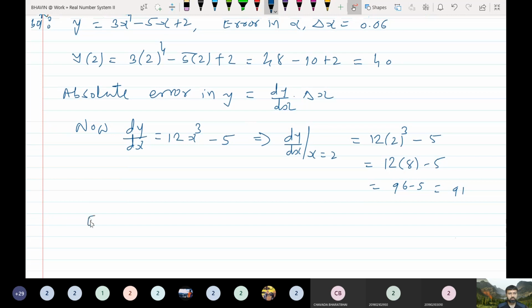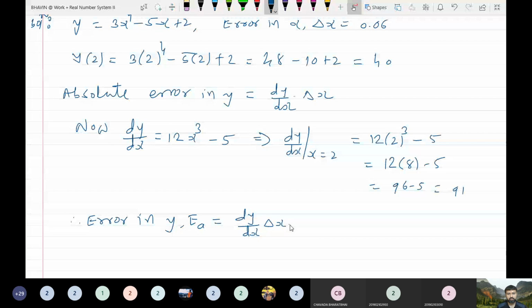Therefore error in y, we denote it by absolute error in y, that is EA, is according to the formula dy by dx into delta x. dy by dx I have found is 91, and error in x is already given, 0.06. So can anyone give the answer?